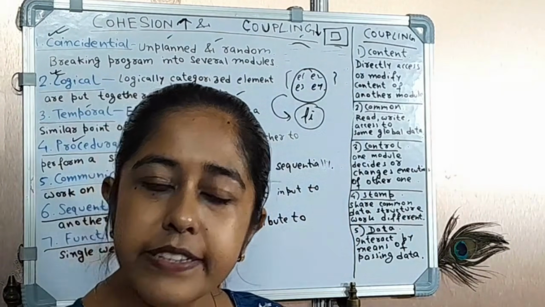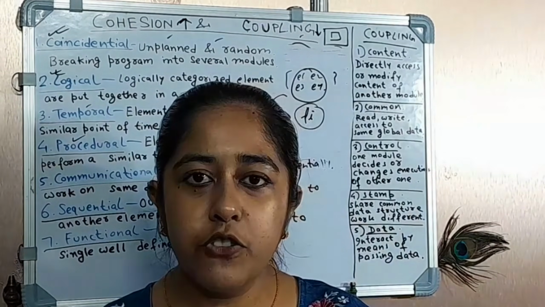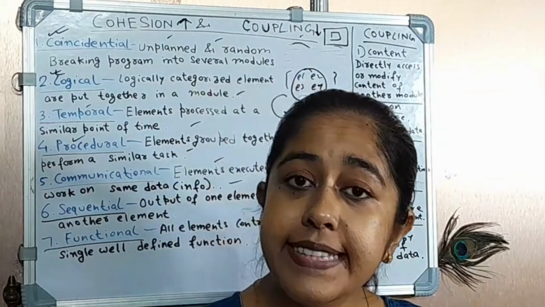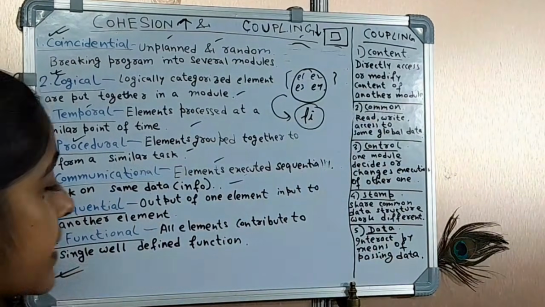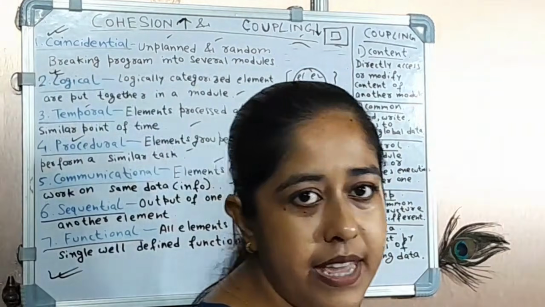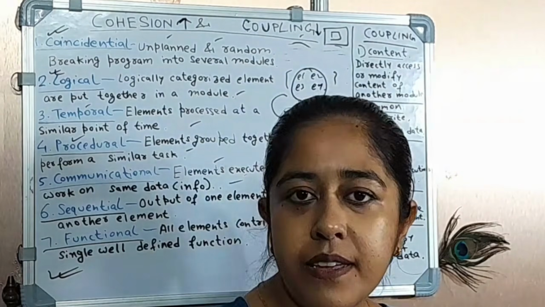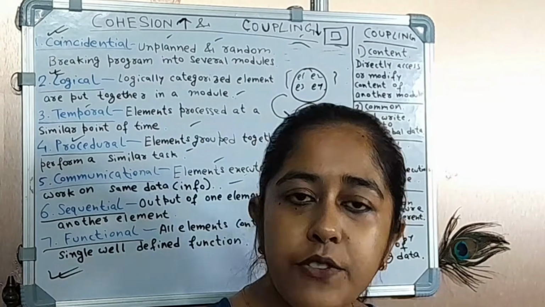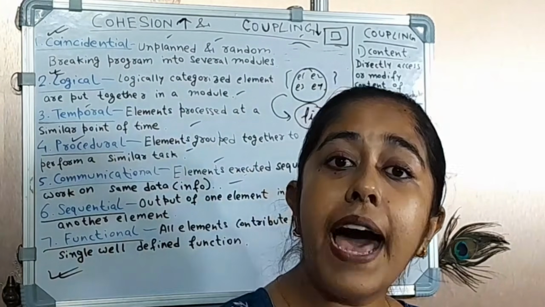If they are contributing, they should be grouped together in a particular group, that is functional cohesion. This is the highest level of cohesion. Why? Since this is working on a single function. We have seen that when the processing was done, it was done on the basis of a high-level function.